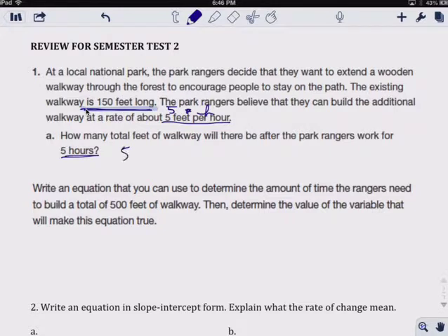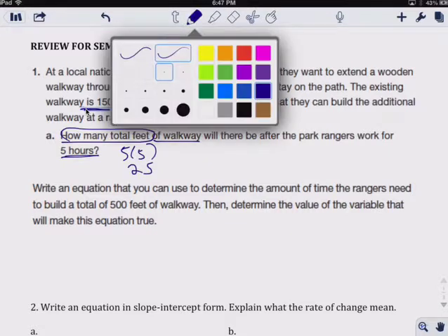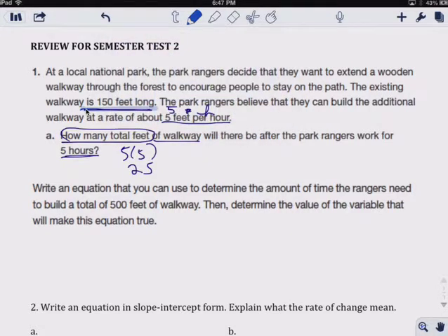Anyways, 5 times 5 is 25. How many total, here's the word, how many total feet of walkway? So they built 25 feet in 5 hours, but there's already 150 feet of walkway, plus 150 feet of walkway, which would be 175.